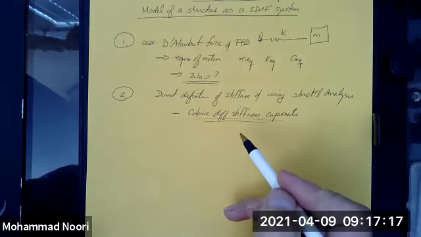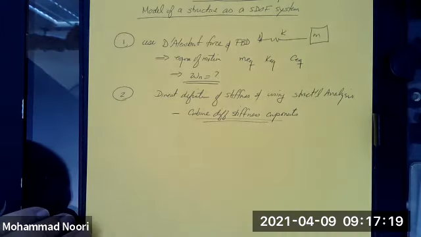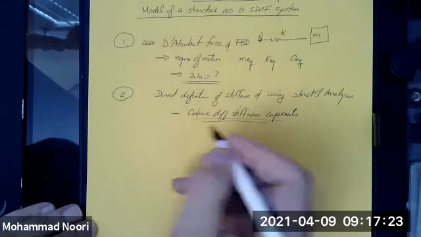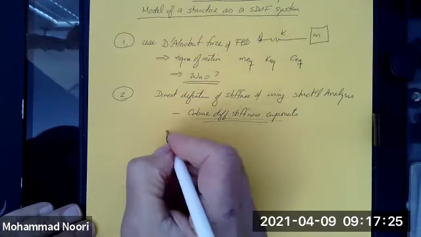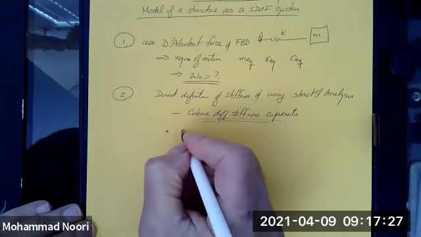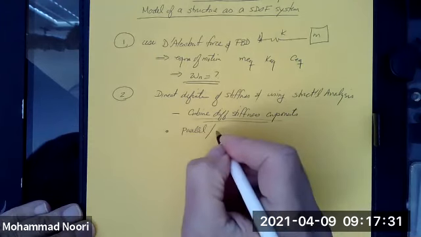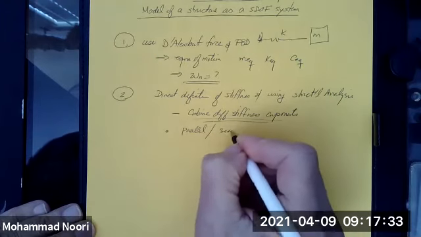In combining these stiffness components, we come across a special case, which all books wrongly describe as springs in parallel or springs in series.